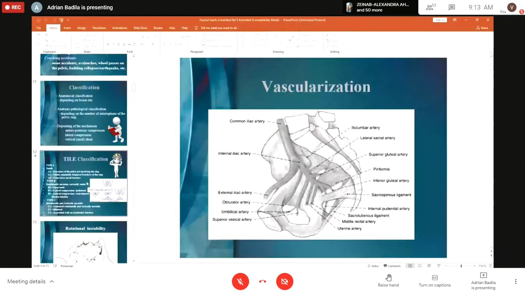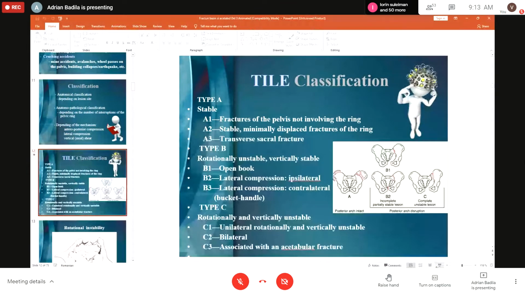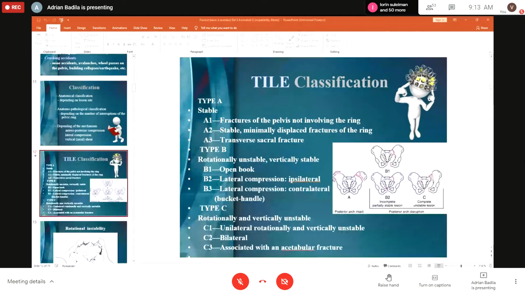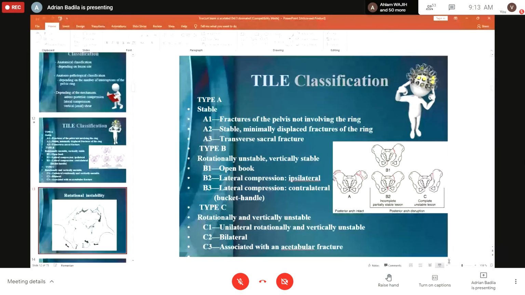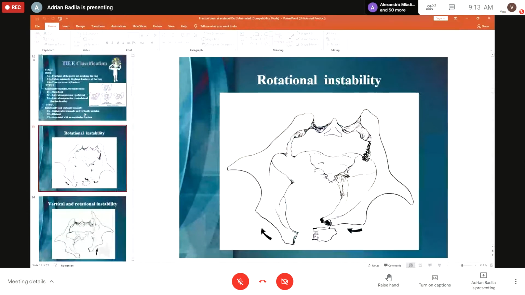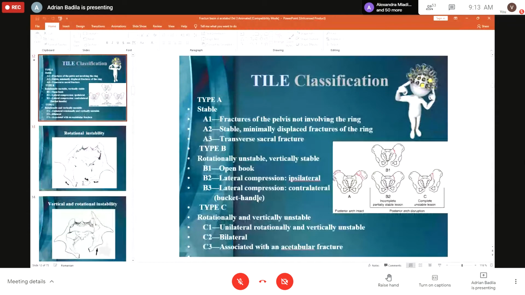I think it's the same problem as on the first day when you were making the screen full screen. It was freezing. So okay, I think it's better. What do you see right now? The Tile classification. And now? Nothing. It's the same slide. Okay, so it freezes because I changed it for the next slide, but it doesn't work, I see. So I think it's better to not make it full screen.